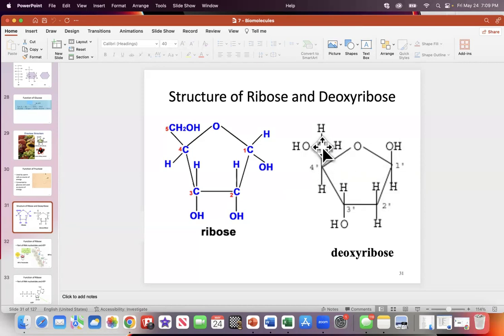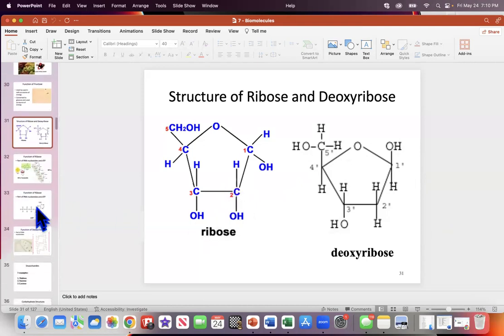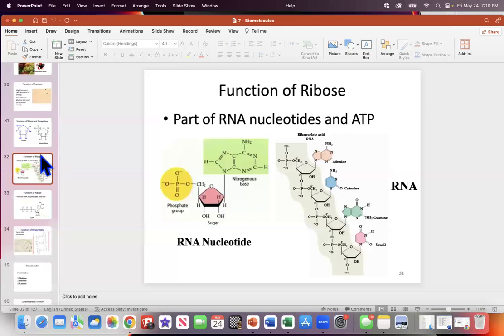If you take organic chemistry, they will teach you how to number it clockwise: 1, 2, 3, 4, 5. So carbon number 2, this is a carbon here. If carbon number 2 connects with the H, that's the deoxyribose. If carbon number 2 connects with the OH, that's the ribose. That's the only difference. So they are part of the structure of the DNA and RNA, they are nucleic acids.